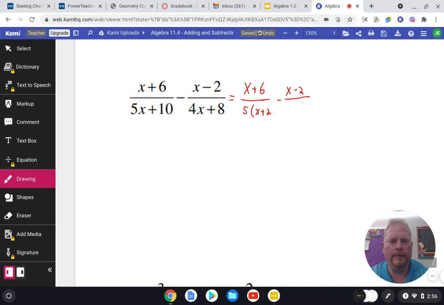And then for that other denominator, I'm going to get 4 parentheses x plus 2. So now I'm going to use that to find my least common denominator. So my common denominator has to have 5 in it. It has to have x plus 2.